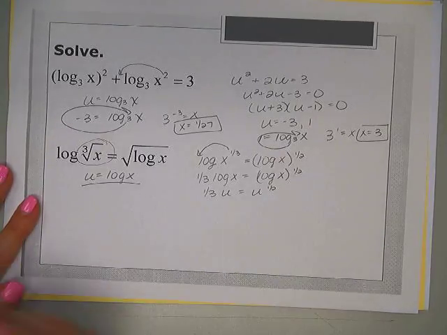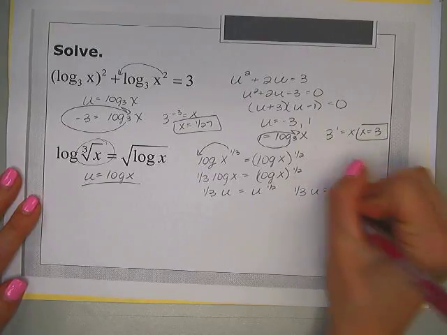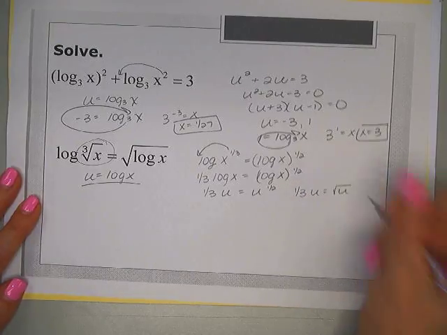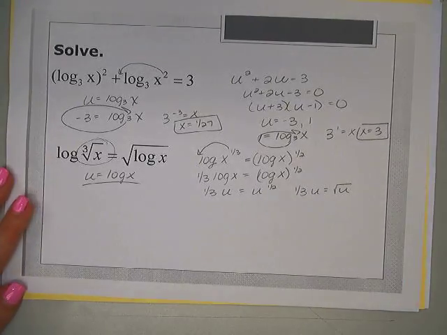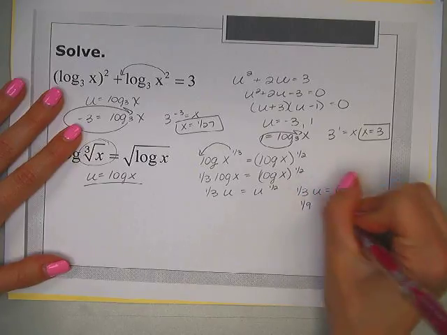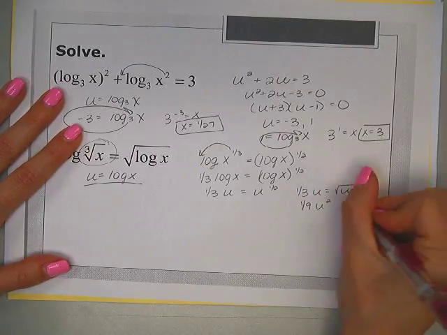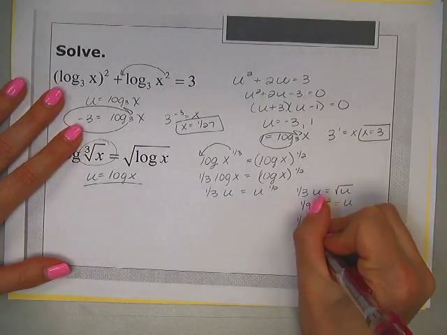All right, so I move the 1/3 out front. I've got 1/3 log x equals log x to the 1/2. Now, this still doesn't look very pretty, but let's work with it.